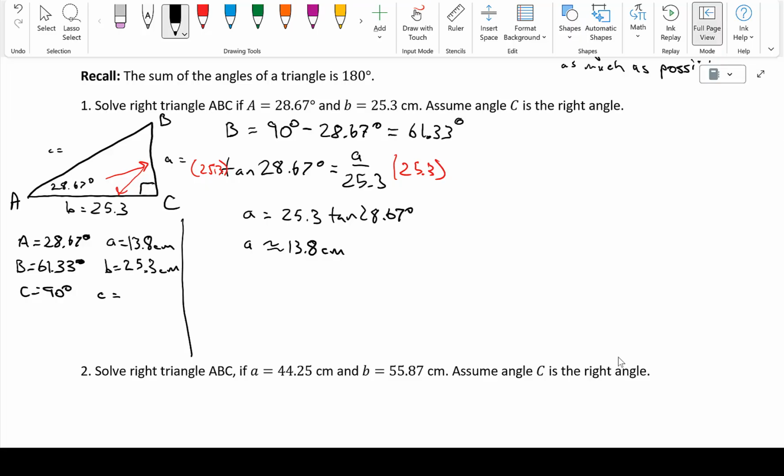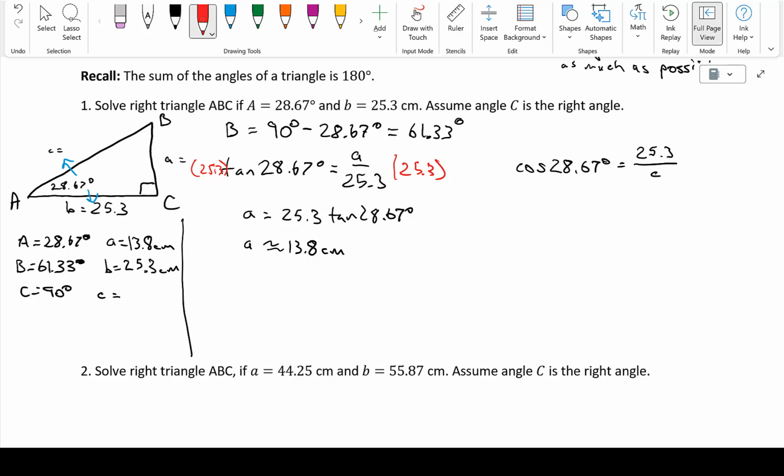And then we still want to find side c. So to relate side b and side c, we're looking at adjacent and hypotenuse for angle A. So that's going to be a cosine. So cosine of 28.67 degrees is going to be equivalent to 25.3 divided by side c.